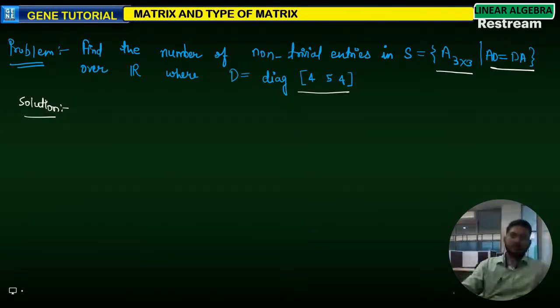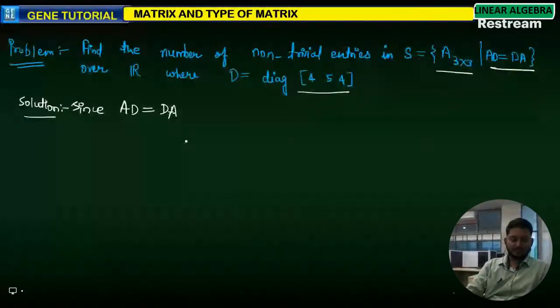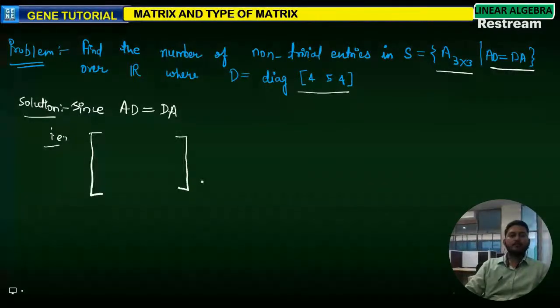Since AD equal to DA is the relation for a 3 cross 3 matrix, now we check some 3 by 3 matrices and their entries.